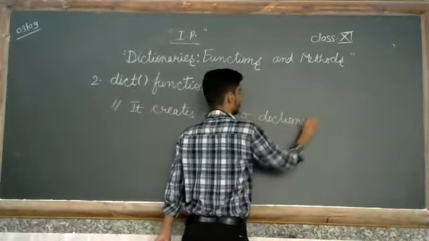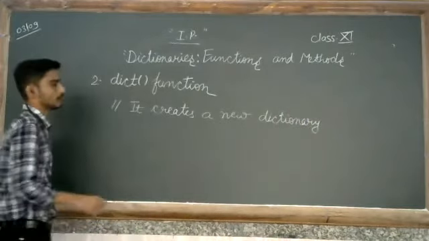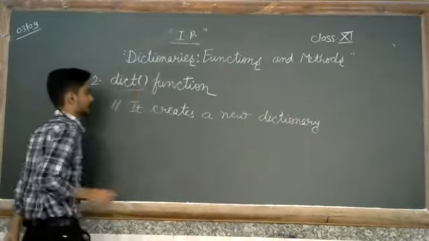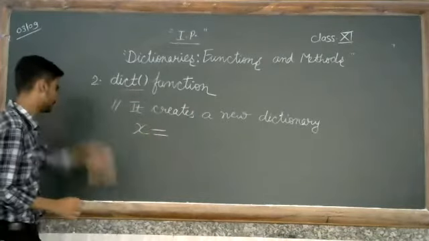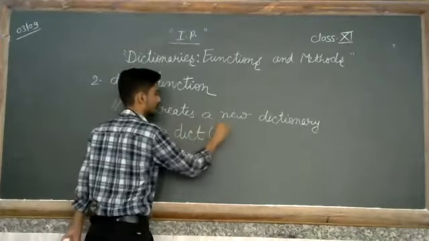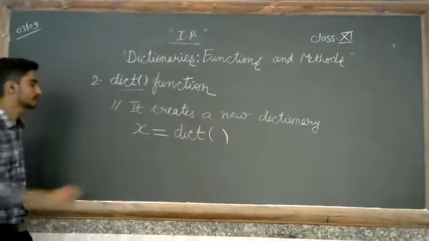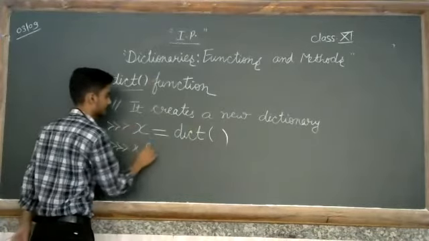It creates a new dictionary, or it can manipulate the dictionary also. So how to use the dict keyword? As I have to give a name, x is equals to, I will pass this dict. If I'm writing this much code, then it will create an empty dictionary named x.